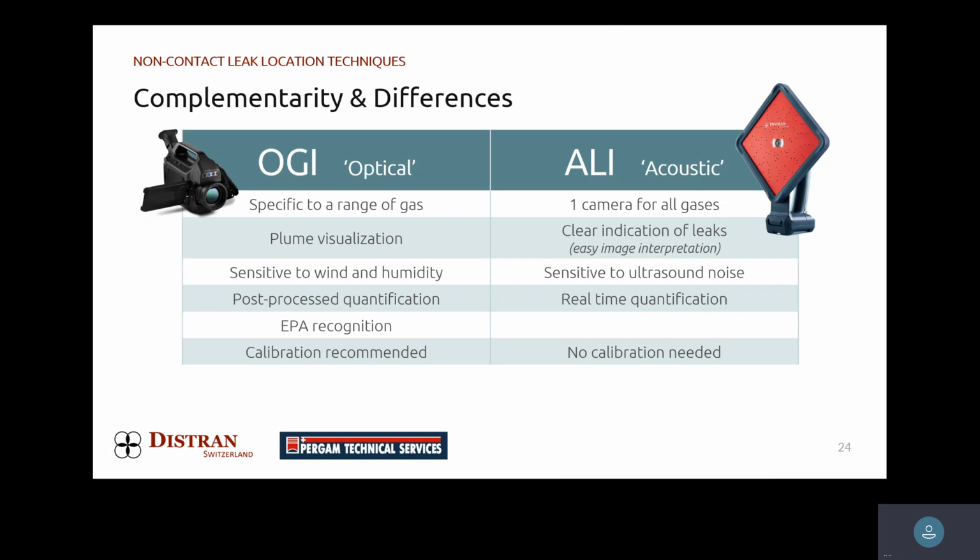What I might say here is on the left-hand side, you're seeing the OGI EPA recognition. So I'm going to go out on a limb here a little bit and tell all of you that the EPA is in the process of evaluating the Ultra Pro here for the same type of certification that the FLIR camera has been enjoying for quite some time. So that is in the process of happening. And that started last year, by the way.